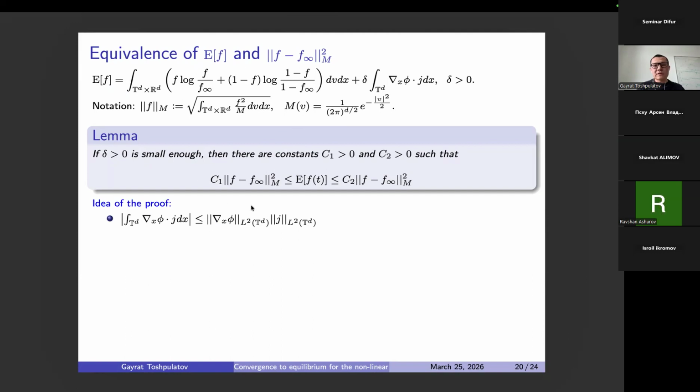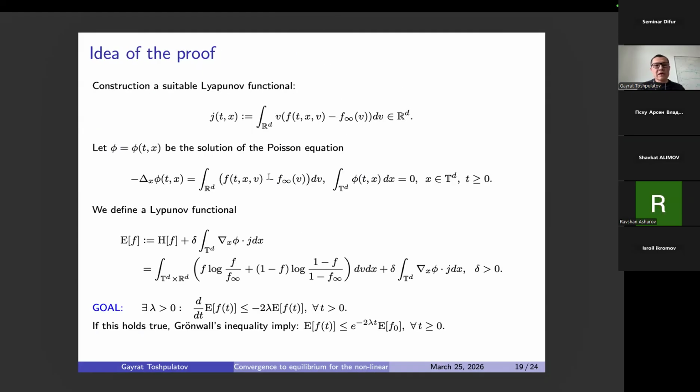We first consider this part. We can just use the Hölder inequality, so we can bound it by the L2 norms of phi and j. In the definitions of phi and j, you can see that j depends on f minus f infinity, and phi also depends on the same difference, f minus f infinity.